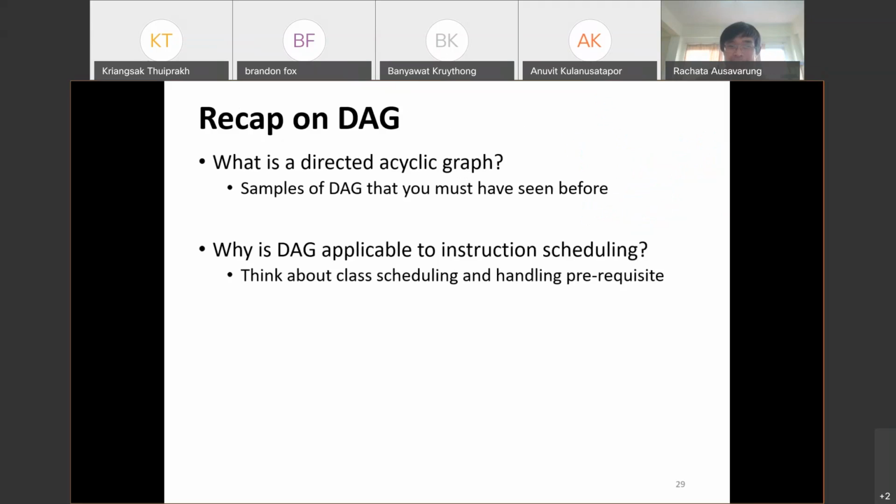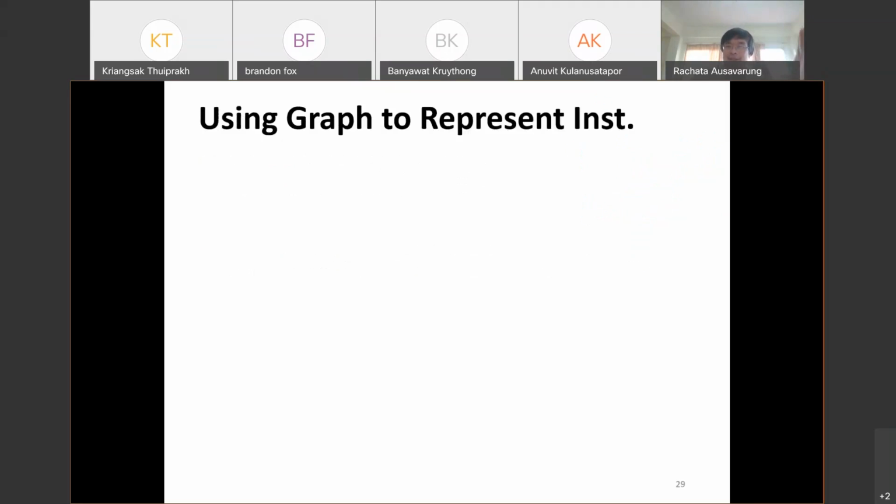Oops, same slide, my bad. So you can use DAG, this directed acyclic graph, to represent instruction, right? Yeah, top sort. So basically, you can have the first instruction that produce the result to the second instruction, which produce the result to the third and the fourth instruction, right?